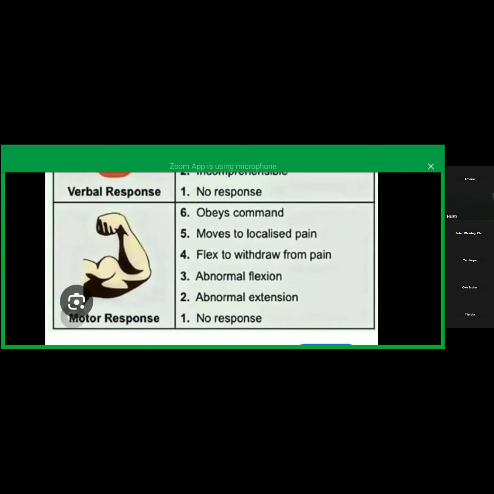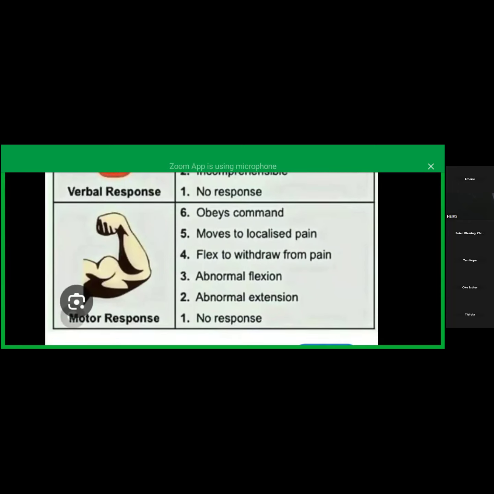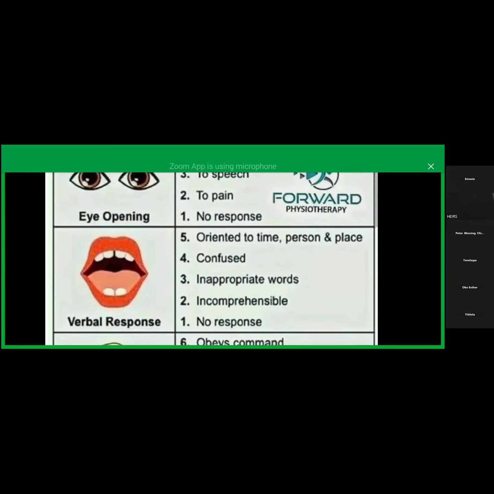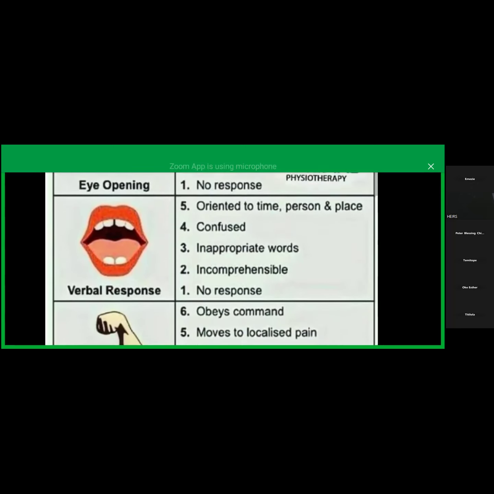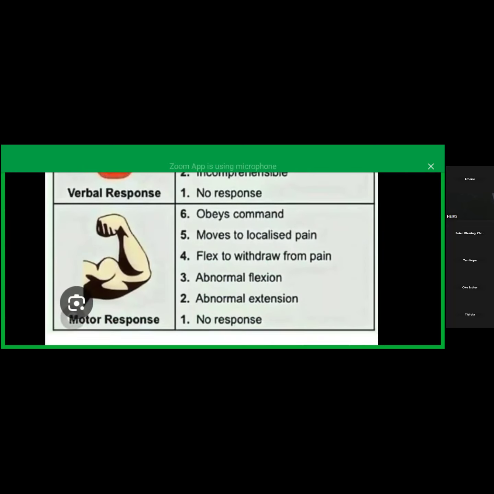So when you are adding a verbal response or motor response, you add best to them. But eye opening, we don't add best to it because it's just eye opening. So eye opening, best verbal response, and best motor response.